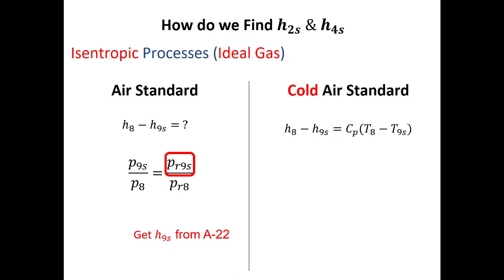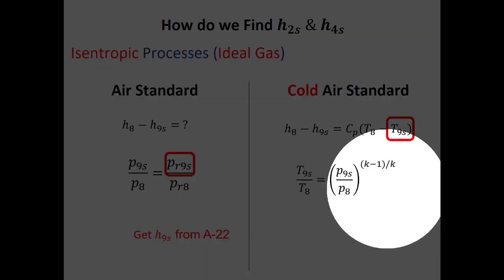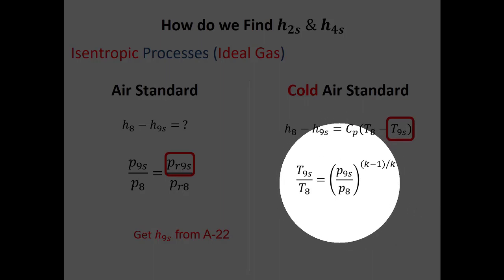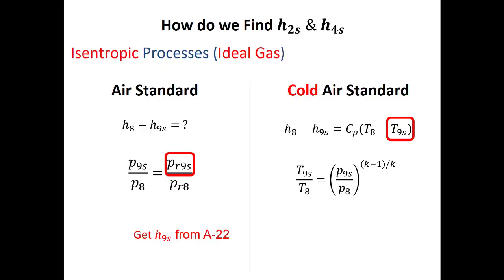In my cold air standard analysis, again, I don't ever find the individual enthalpies. I just get the difference by approximating that as Cp times delta T, but I don't know T9S yet. So to find T9S, I use this expression that's got K in the exponent. Again, I'm making use of the fact that I know the pressure ratio across this second turbine.